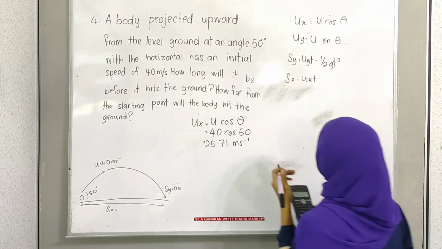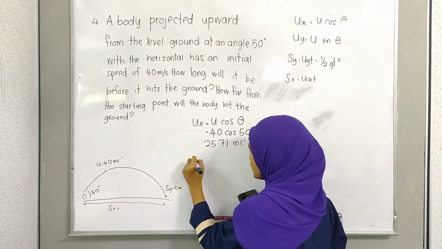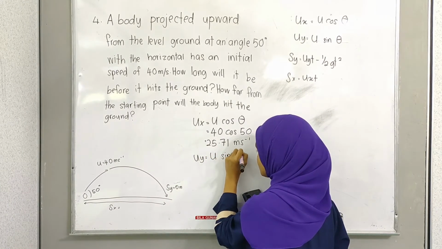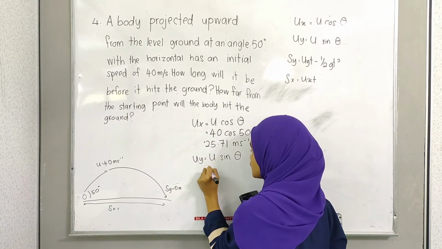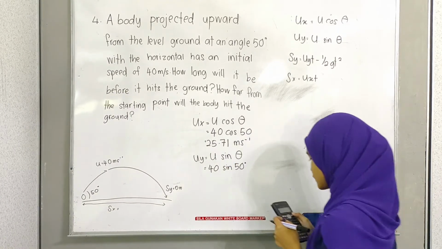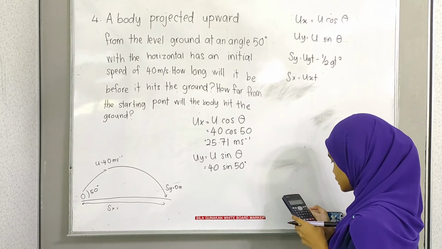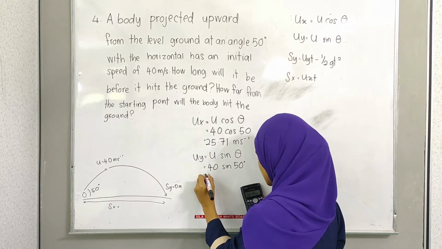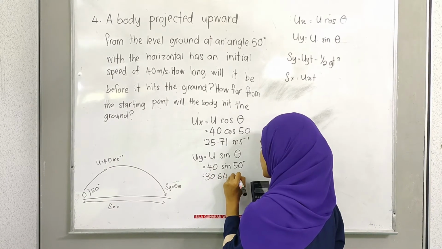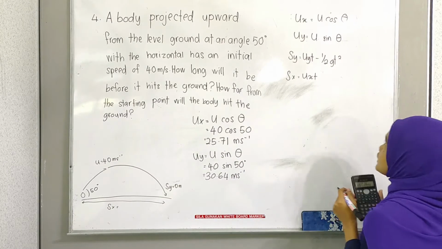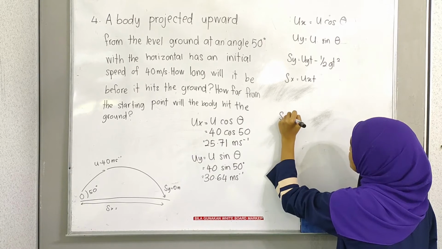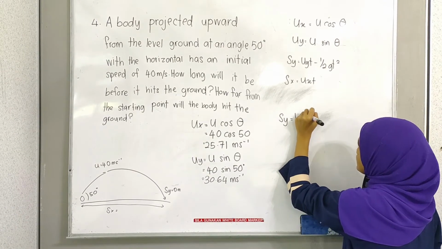Then we need to find the uy using the equation u sin theta, which is 40 sin 50, which is uy is 30.64 m/s.